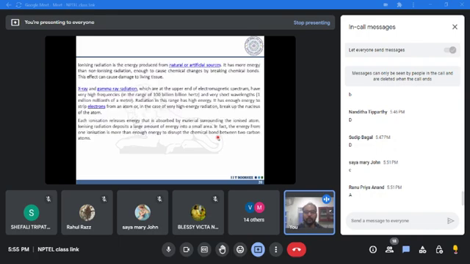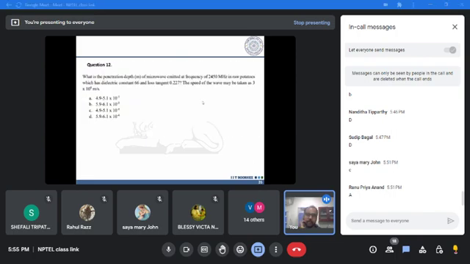Okay, I think we should stop here, because we have done 55 minutes. One question is left: what is the penetration depth of microwave emitted at a frequency of 2450 megahertz in a raw potato, which has a given dielectric constant and loss tangent?